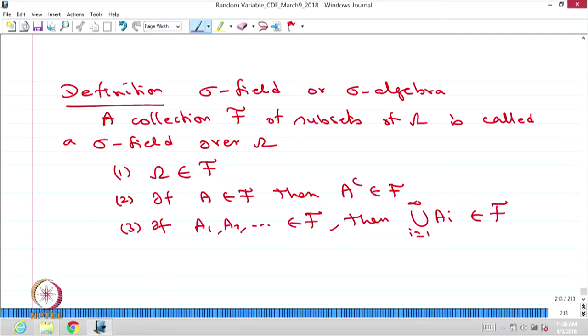So omega has to be a non-empty set, and a collection of subsets of omega satisfying these three conditions is called a sigma field or sigma algebra.